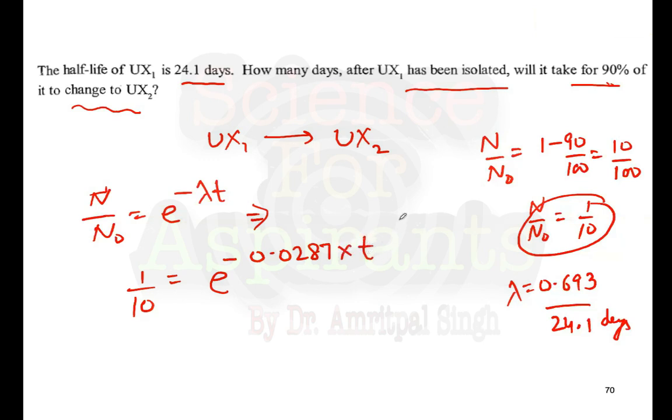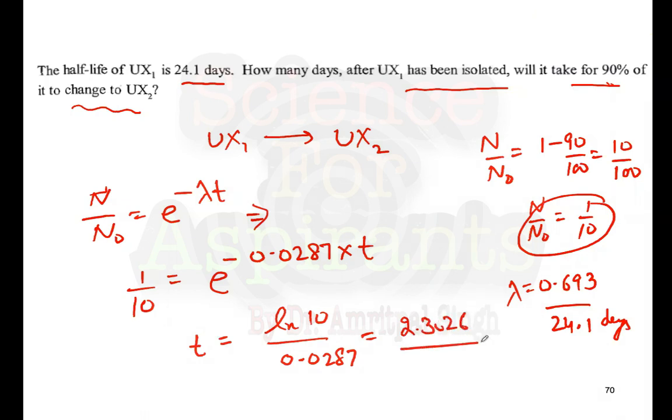This t we have to find, the time within which 90% will be disintegrated. So t comes out to be log of 10 over 0.0287, that is equal to 2.3026 over 0.0287. You can use logarithmic calculators in these examinations. So t comes out to be 80 days. So this is how you can find it.